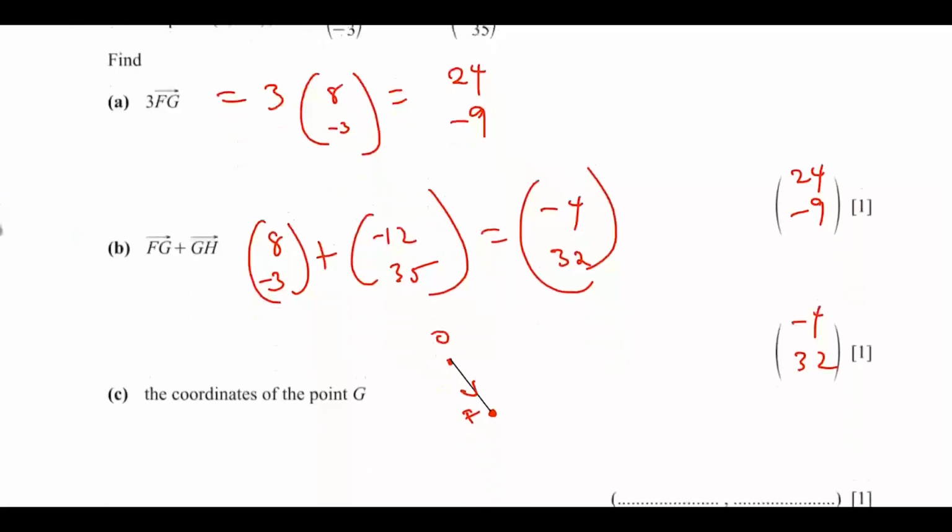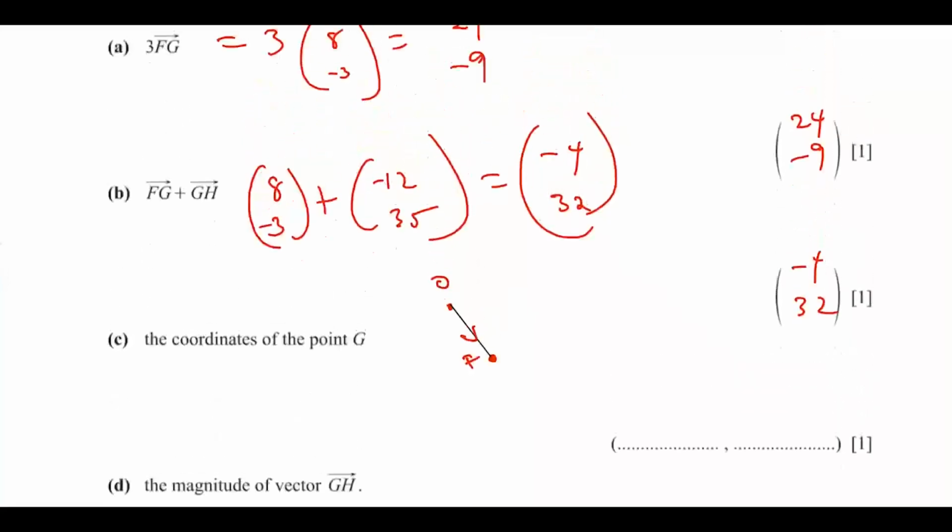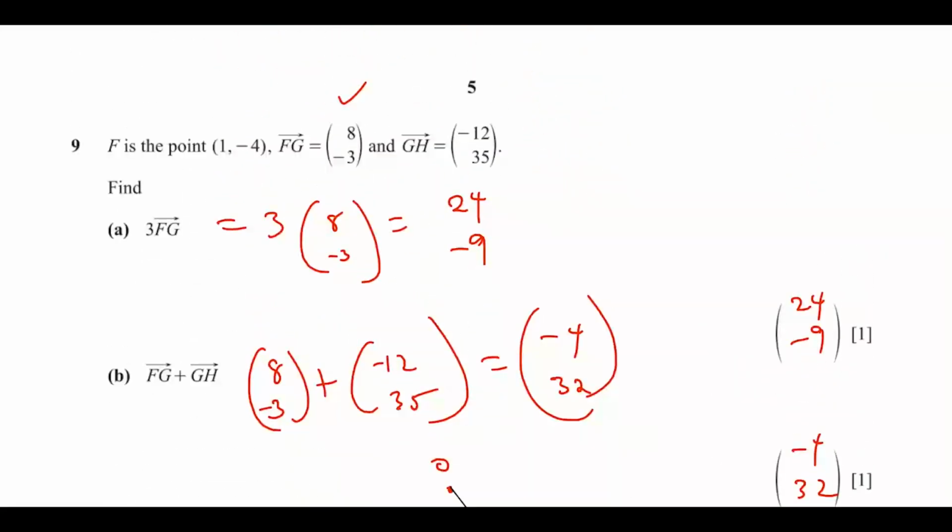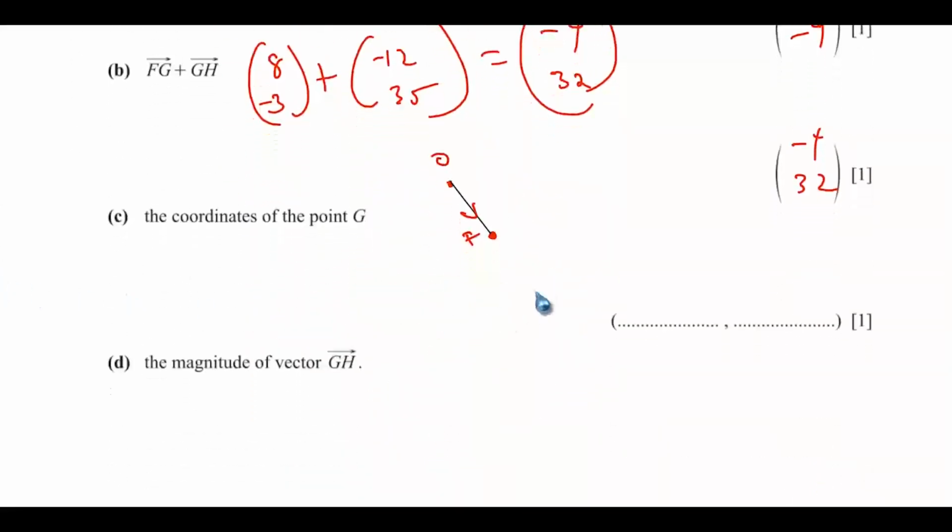So let's scroll down a little bit. Then we are given vector FG to be (8, -3). So that means from f, you go to the right 8 times and downward 3 times. So it continues like this. So point G will be here.